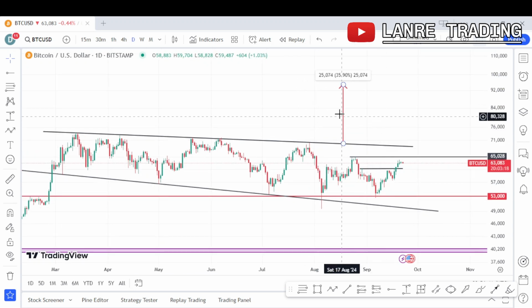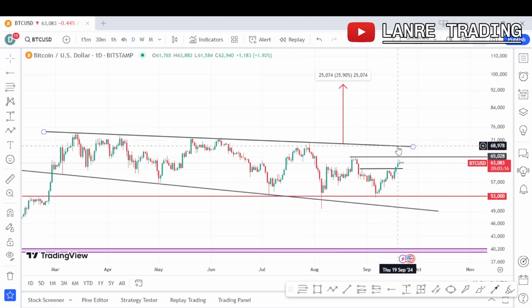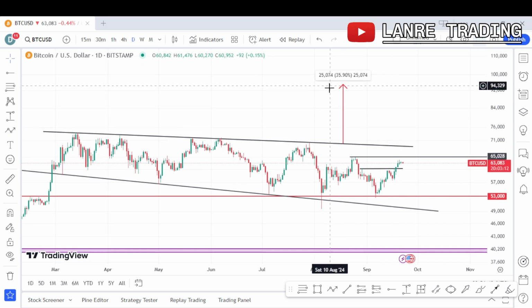So if price breaks out, I'd probably be expecting price to fill up this same level as well. So we'll be expecting price to move above 90,000 price of BTC. So that is currently what we are looking at.